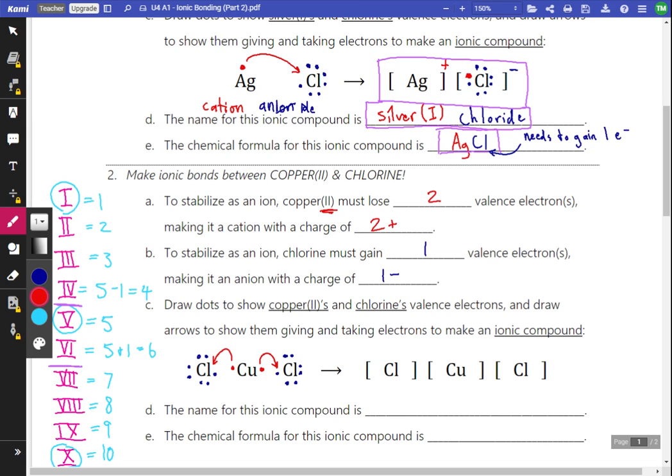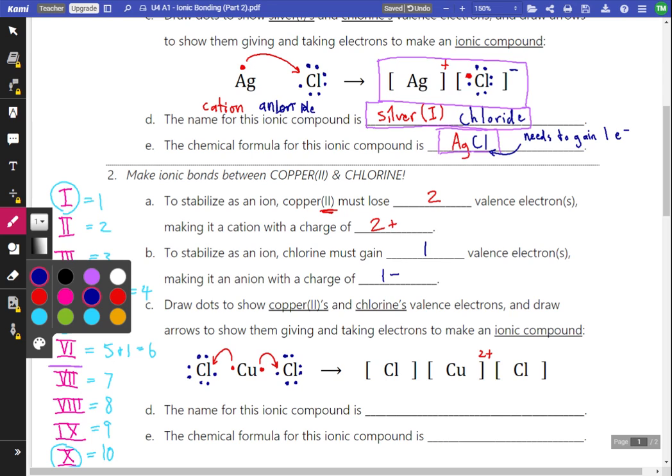So in this case, we need 2 chlorines to make our copper happy, to give those 2 electrons away. We've got to have something that's going to take 2 electrons, which in this case is 2 separate chlorine atoms. So what we wind up with is copper with a +2 charge. We've shown its valence electrons have gone away.